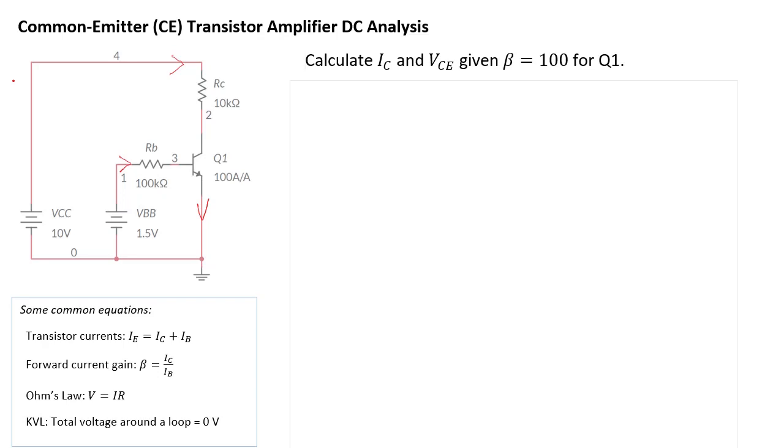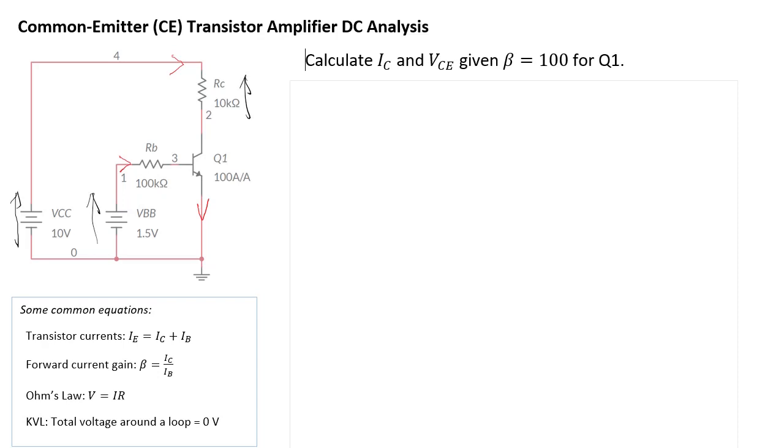In terms of voltages, we have a few here. We have VCC, which is positive that way. VBB is also positive that way. Since IC is going downwards, positive VRC is up.